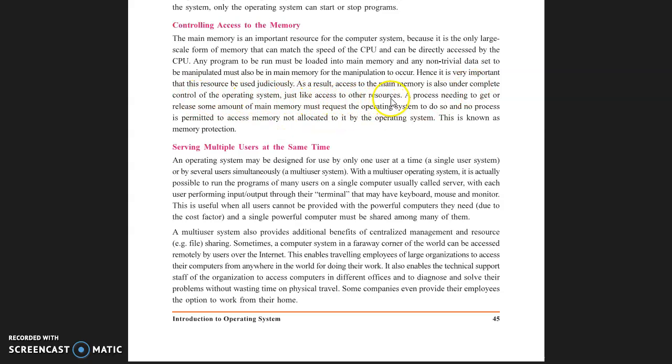Just like access to other resources, a process needing to get or release some amount of main memory must request the operating system to do so, and no process is permitted to access memory not allocated to it by the operating system. This is known as memory protection. So, that was controlling access to the memory. When we start the computer, the operating system loads itself into the main memory and then it gives access to memory.